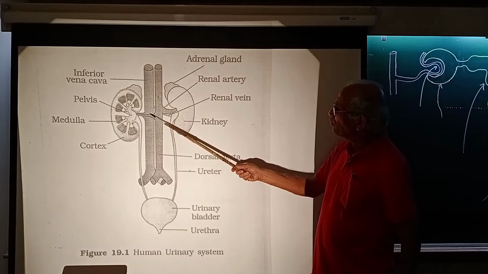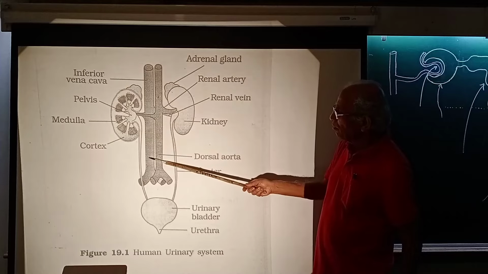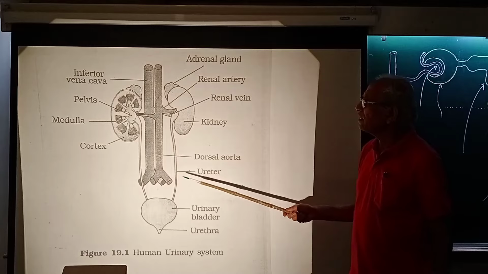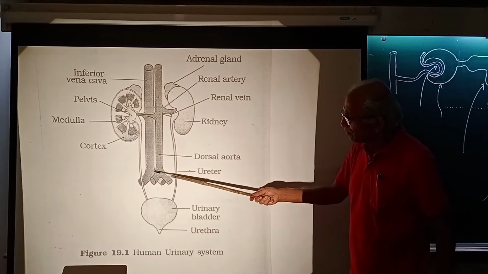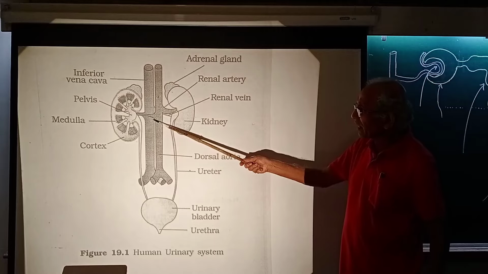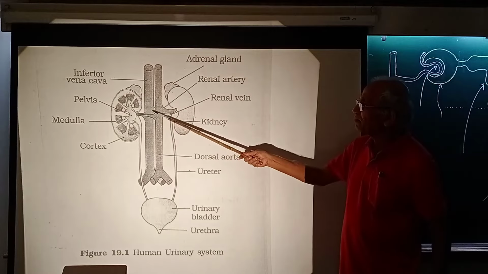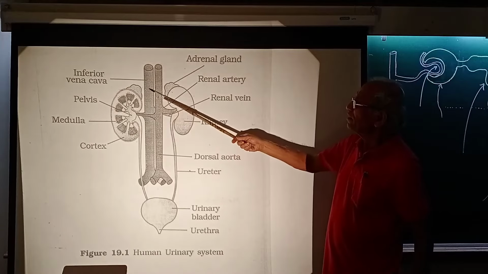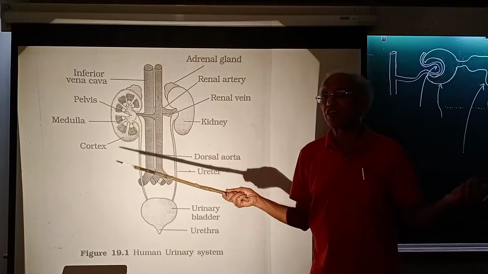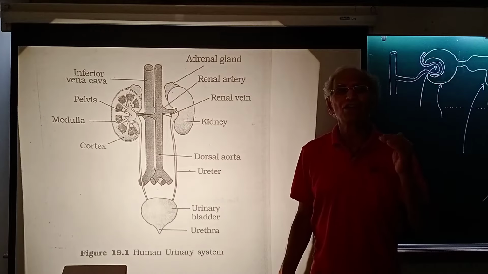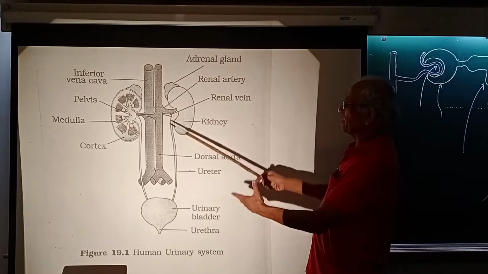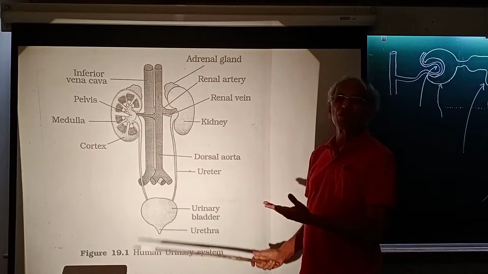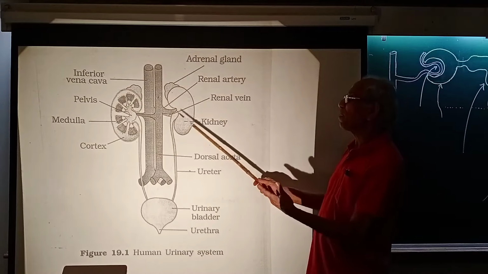And the two renal veins join together, and already the blood is being collected from the hind limbs, and that is being collected by what is called the inferior vena cava. So from the hind limbs, blood is coming through the inferior vena cava, and when the inferior vena cava is passing between the two kidneys, the renal veins join it, and that's how the blood is collected by the inferior vena cava. And the inferior vena cava, where does it join? Remember, it joins the right atrium. So that's the blood supply. Blood supply is very important, because if kidneys are supposed to form urine, and if the urine is supposed to be formed from blood, I think it's very important to understand the blood supply.